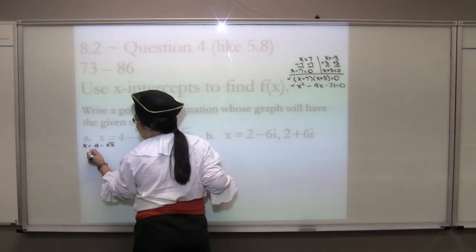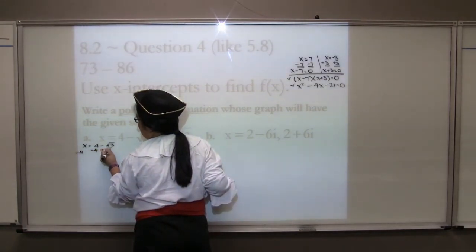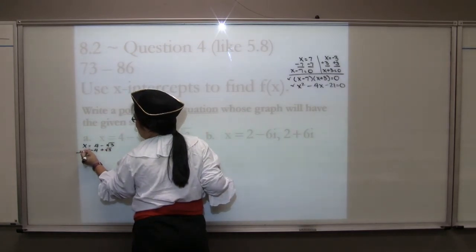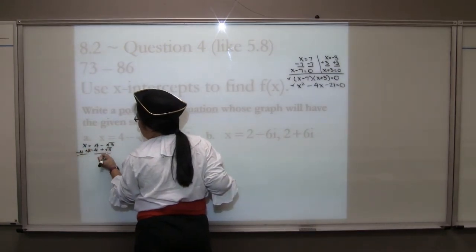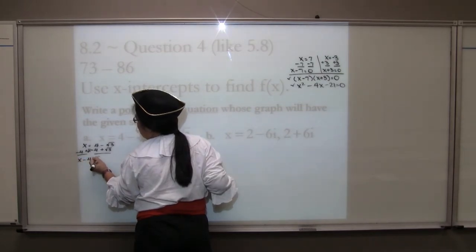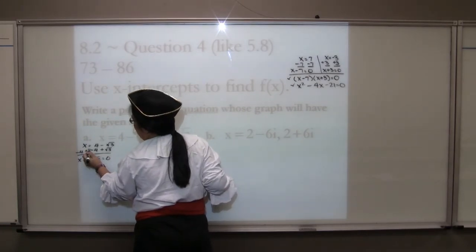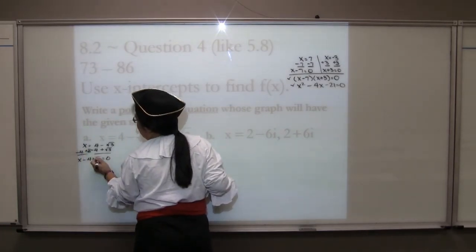So, same way, subtracting 4 on both sides, adding square root of 3 on both sides. x minus 4 plus the square root of 3 equals 0. Ooh, square root of 3, I copied wrong. There we go.